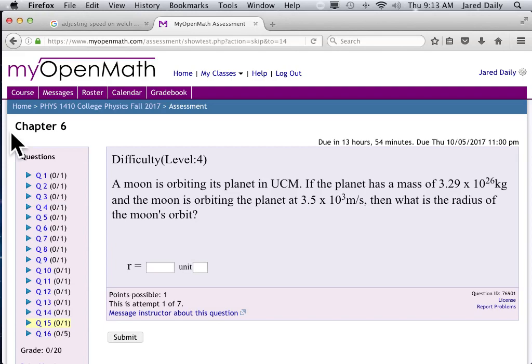So you would multiply by G, which is 10 to the minus 11, so you get 10 to the 15, and then you would divide by the velocity squared, which was 10 to the 3, so you get 10 to the 6. So you get about 10 to the 9 for the radius, about a billion meters, give or take.